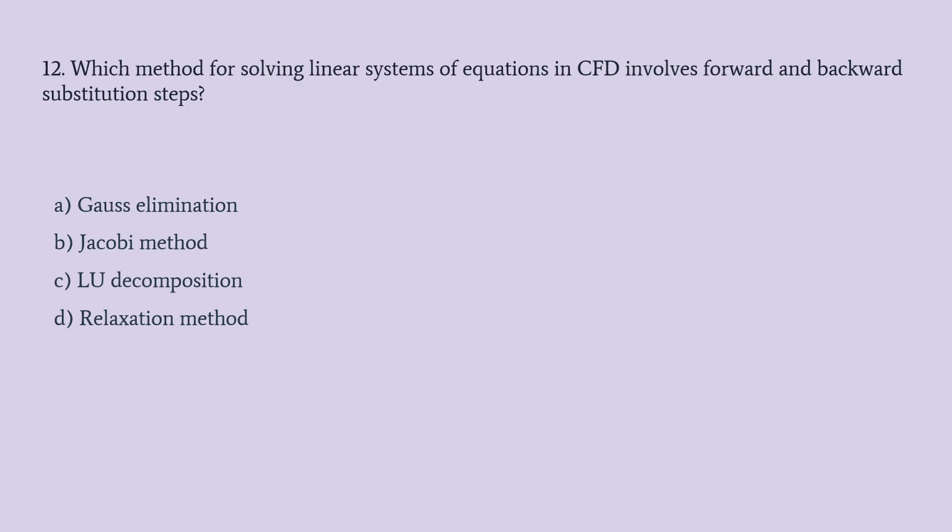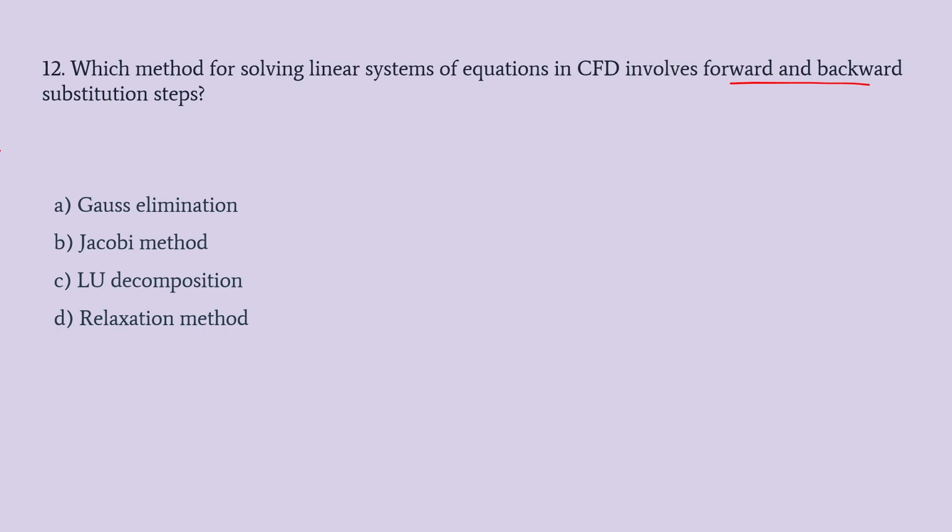Next question. Which method for solving linear system of equation in CFD involves forward and backward substitution steps? So the question is about finding a method from the given options which uses both forward and backward substitution.